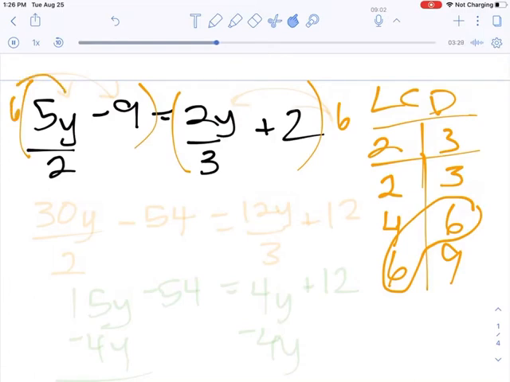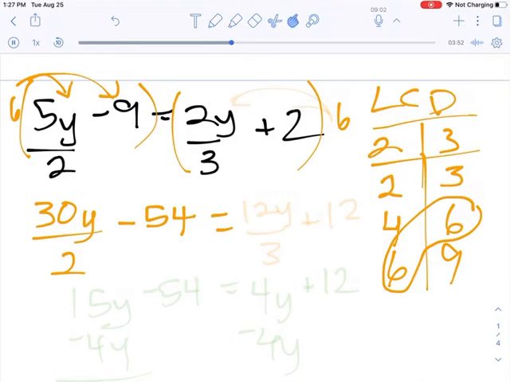Just going to distribute that 6 to everything on both sides of my equation. 6 times 5/2 is going to give me 30y halves, and then 6 times 9 is going to give me negative 54, sorry.